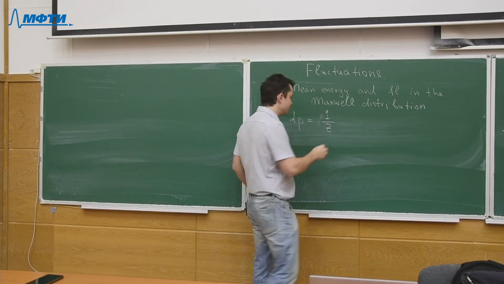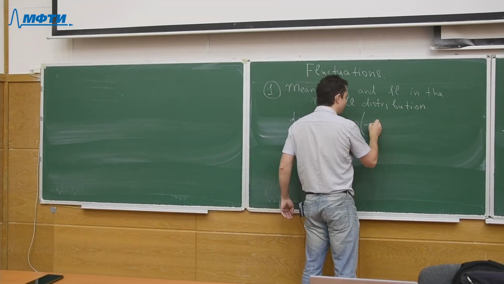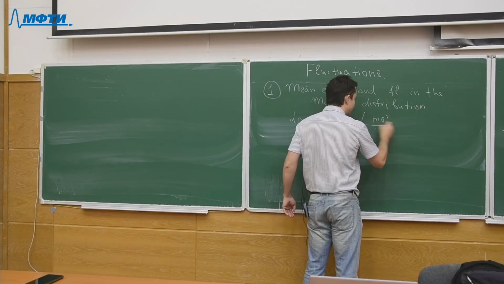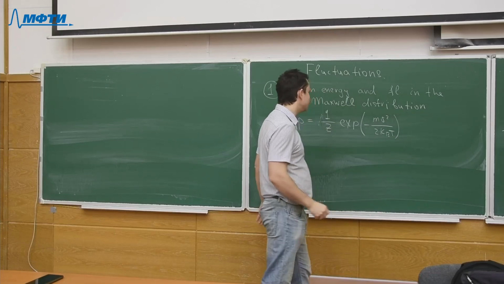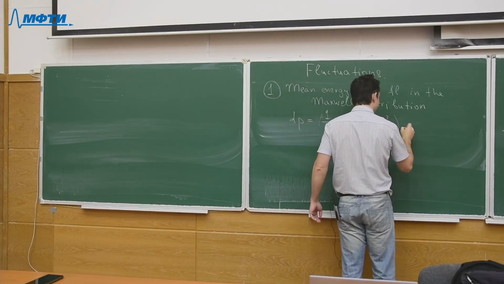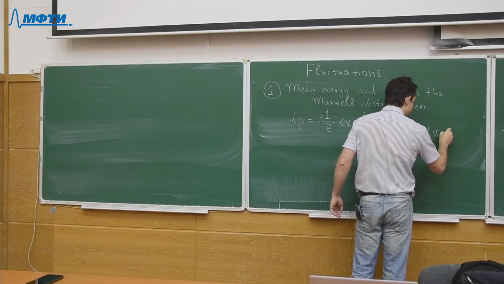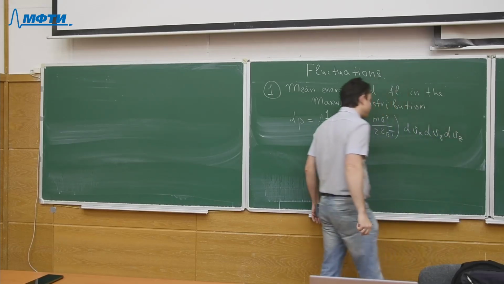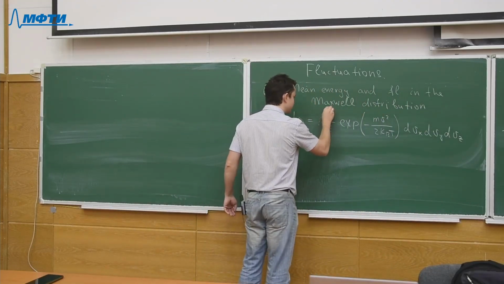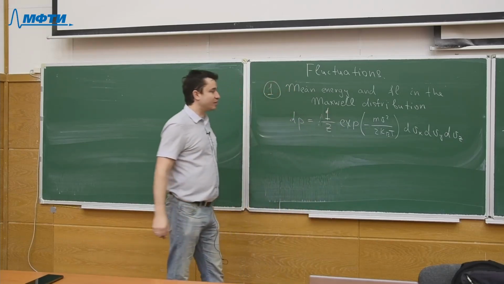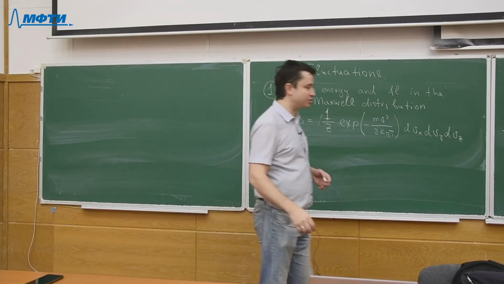So that's 1 over Z times the exponent of minus mv squared over 2kBT times the element of the velocity space dvx, dvy, dvz. Essentially, that is the Maxwell distribution.